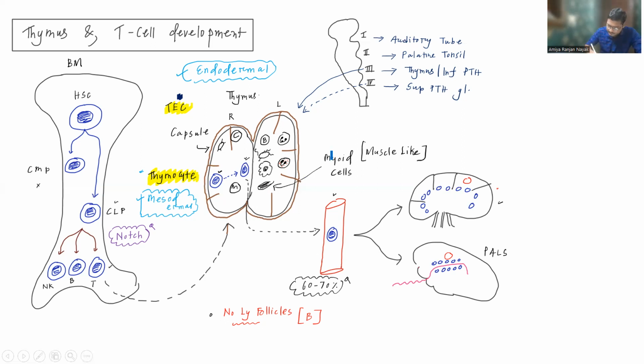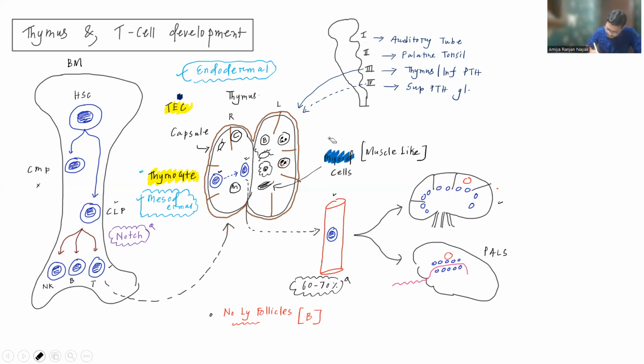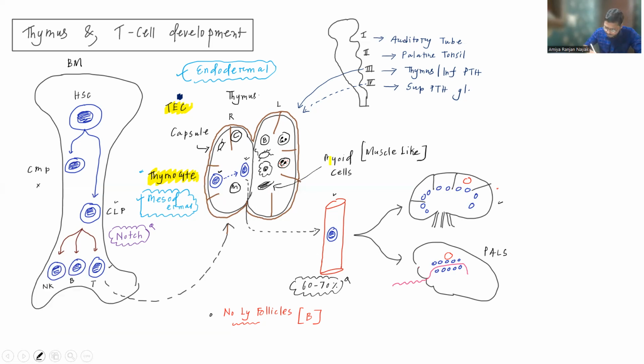Because of the presence of these myoid cells or muscle-like cells, the thymus plays a major role in the pathogenesis of myasthenia gravis.